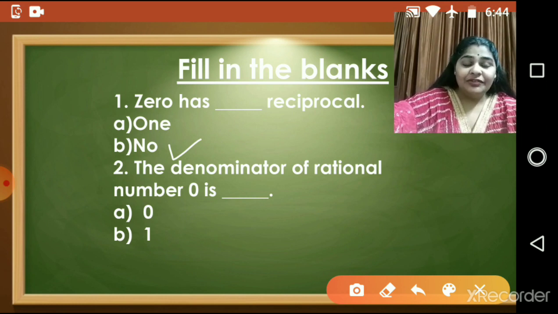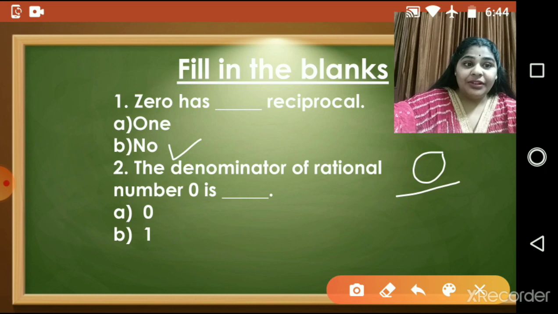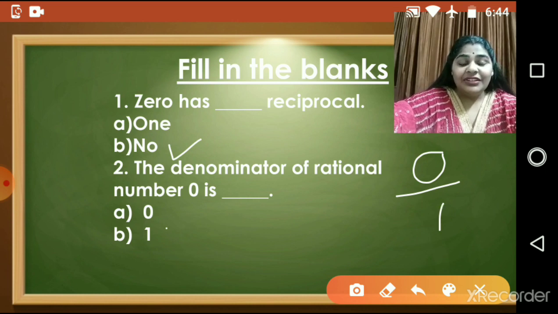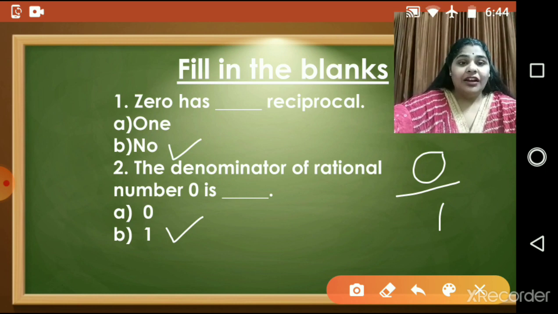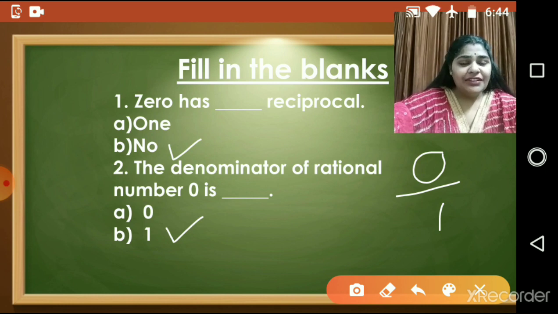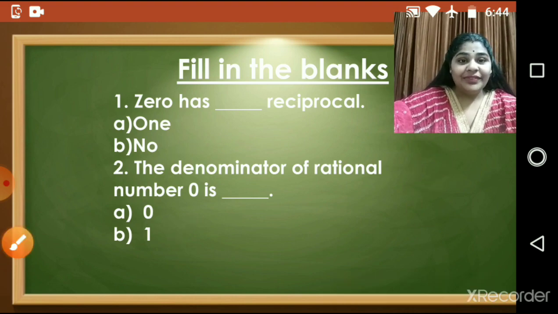Now whatever number you take, if I take 0, what will be the denominator if I am writing it in P upon Q? It will obviously be 1, children. So 1 is the correct option. So here all basic concepts should be clear, children. All the properties, what is a rational number, what is the standard form of a rational number, and so on. So please go through the basic concepts.